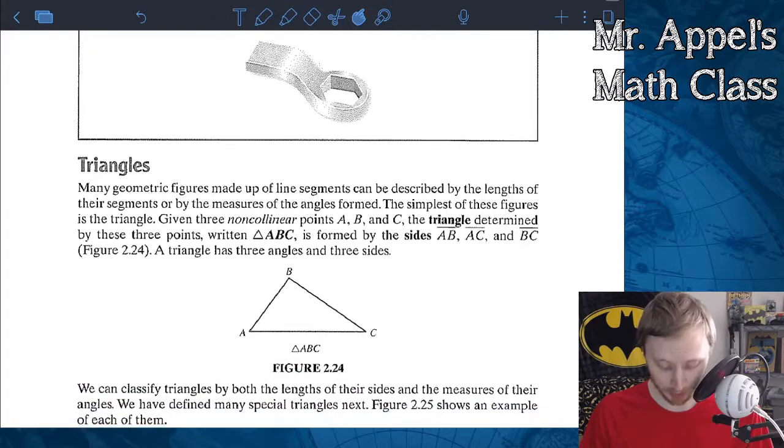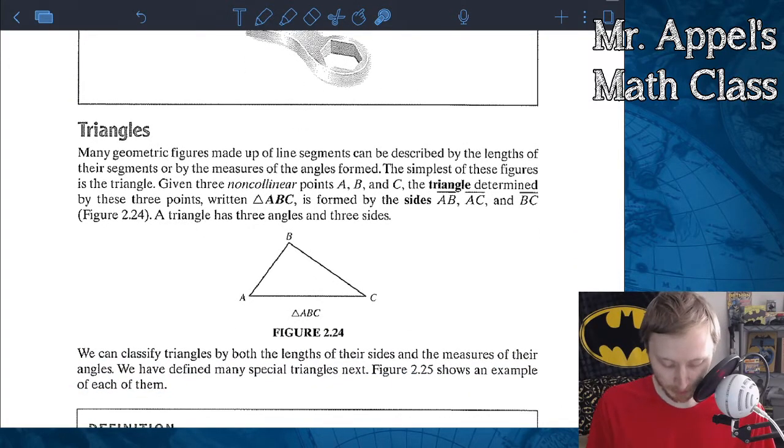So first up, triangles. Many geometric figures made up of line segments can be described by the lengths of their segments or by the measures of the angles formed. The simplest of these figures is the triangle.